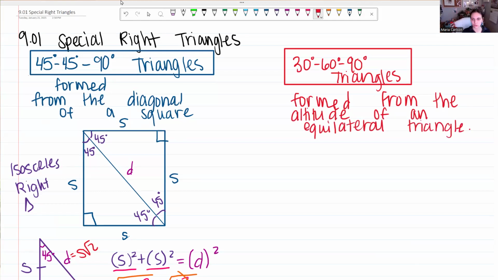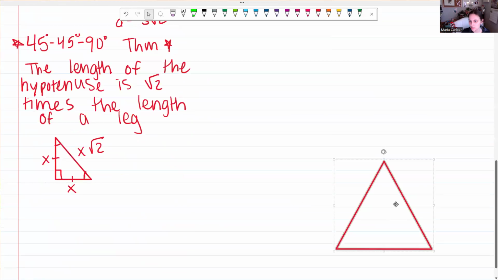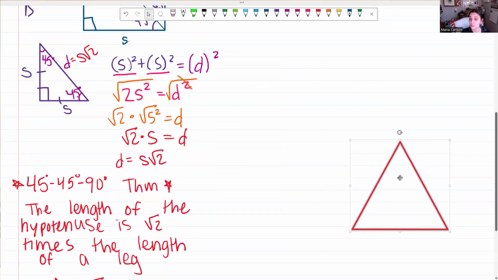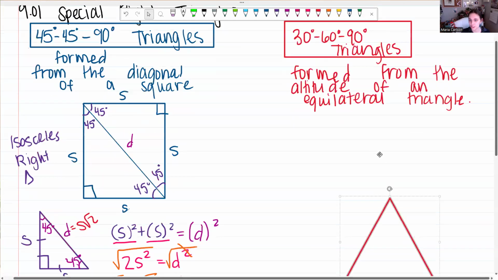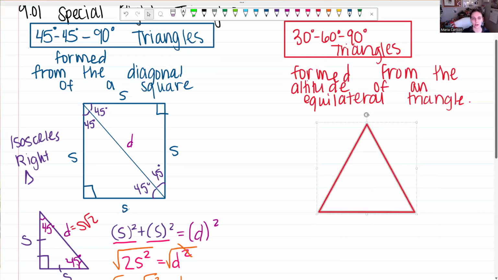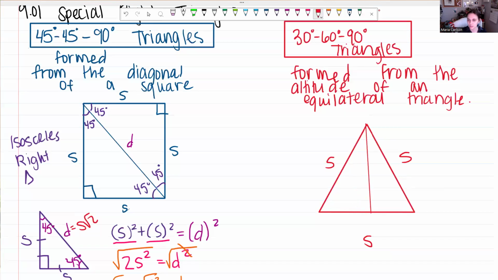I drew an equilateral triangle. I'm going to bring it up here. Equilateral triangle means all of the sides are the same measure. So in this equilateral triangle, we have each side s. And the altitude is the perpendicular height from the vertex to the opposite side.